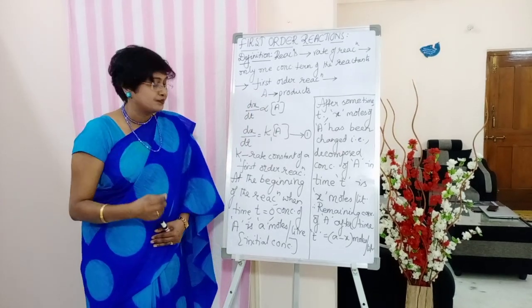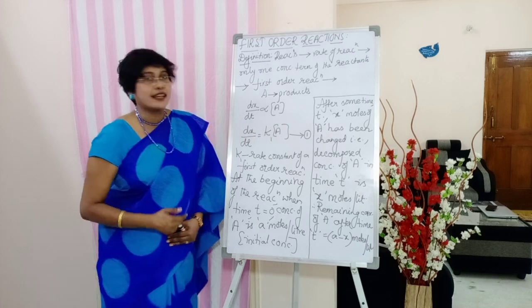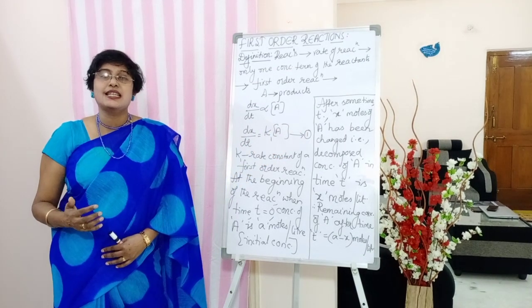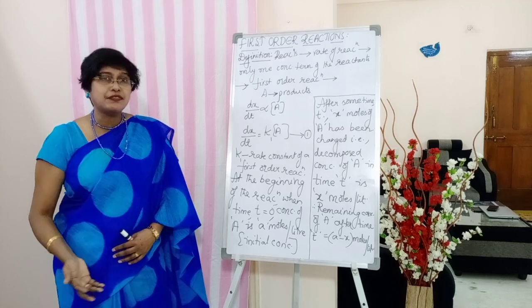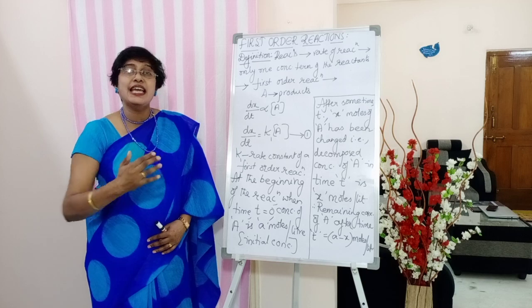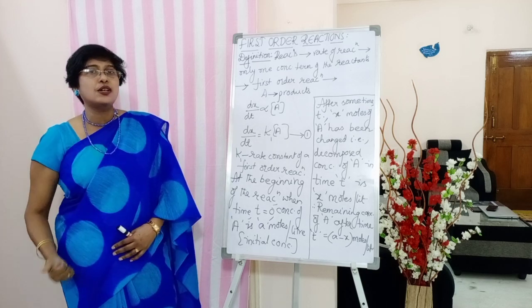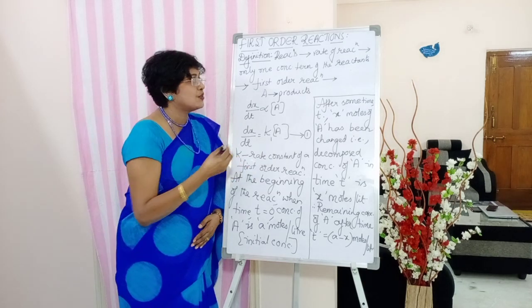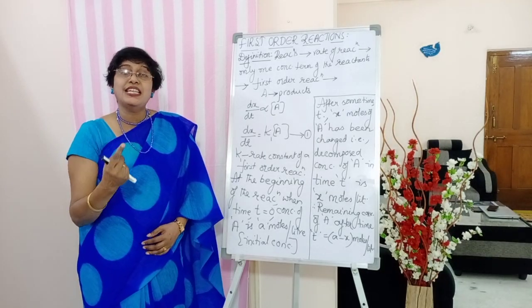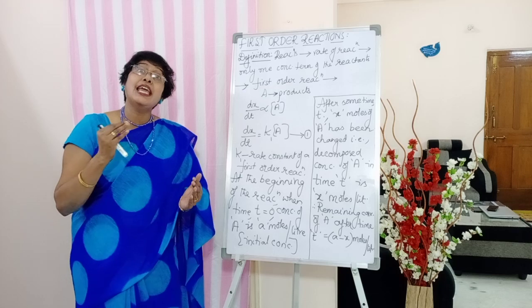Okay. So what I have written there, on the other part of the board, look here. After some time t, that is within 10 minutes or within 15 minutes, some part of A has been converted into products. So what did I write here, students? After some time t, X moles of initially how many are there? A moles per liter.